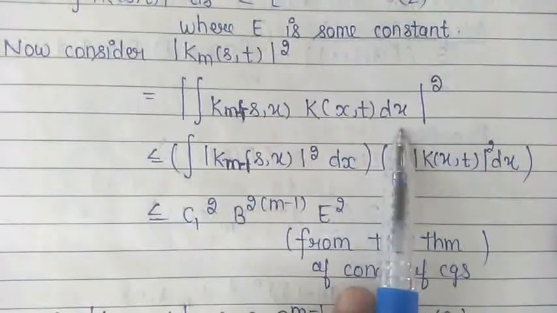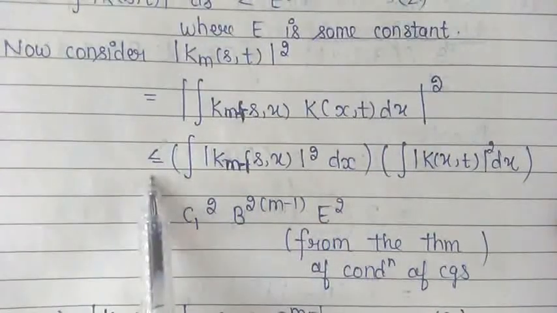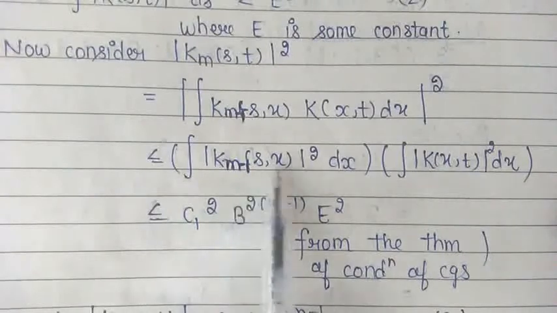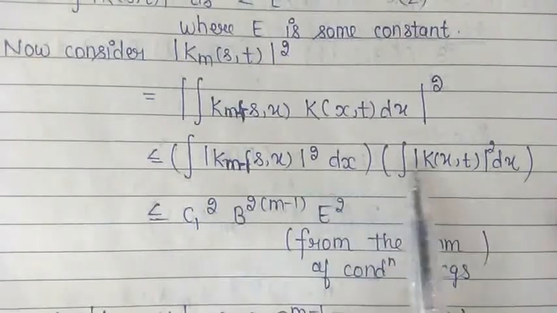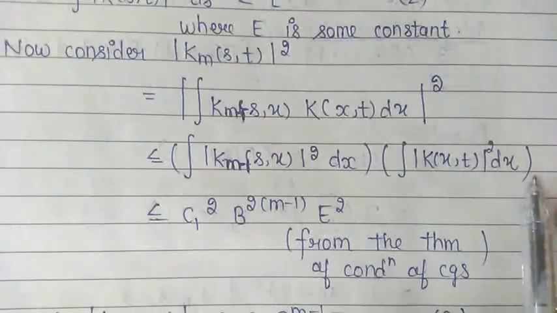Now we can use the Schwarz inequality. By using the Schwarz inequality here, this expression will be less than or equal to the integral of |K_(m-1)(s,x)| squared dx into the integral of |K(x,t)| squared dx.